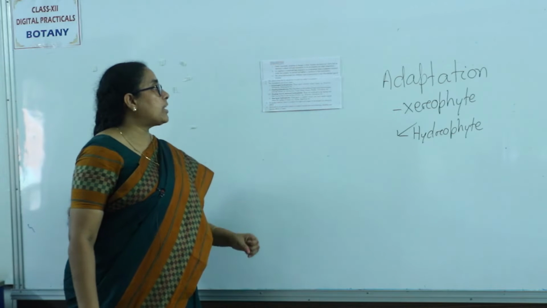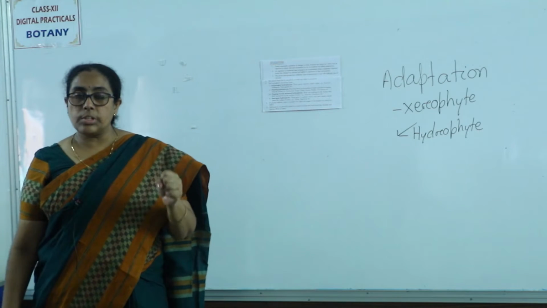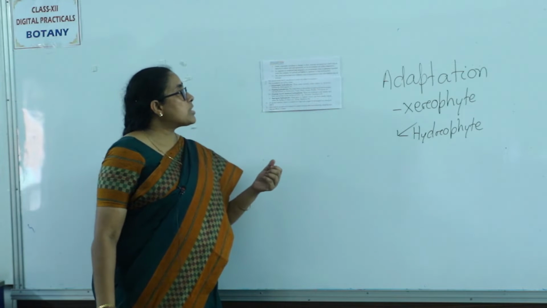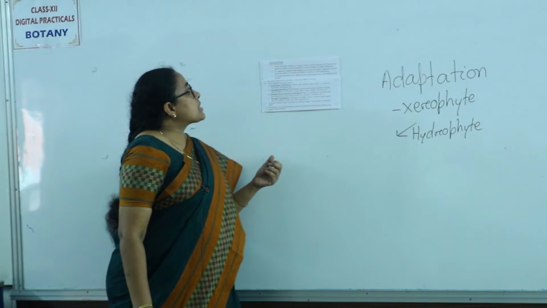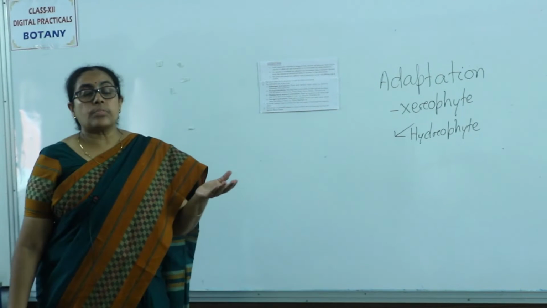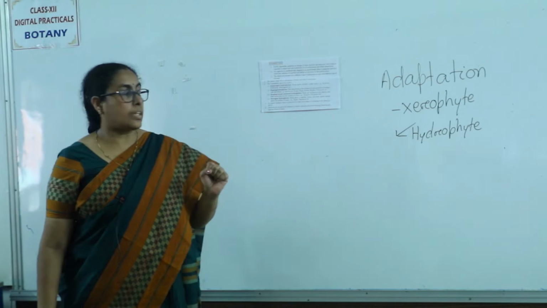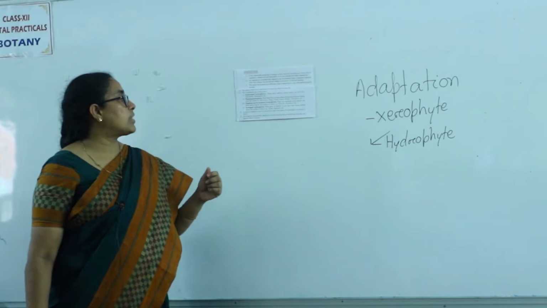Normally, like the lotus flower that we see. And emergent hydrophytes grow in the shallow water and their shoots extend above the surface of the water. That is Typha, Sagittaria. These are the groups which have been given here.